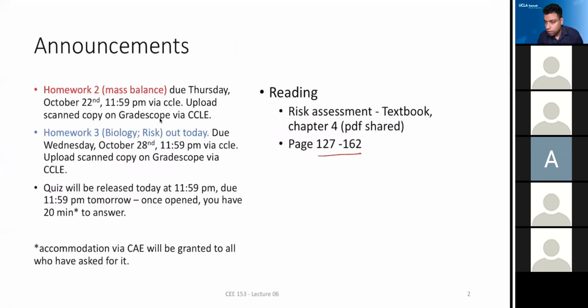There is a question: under week 3, did you upload homework 2 again, about mass balance? Shouldn't it be homework 3 that's getting uploaded and not last week's homework? It's not last week's homework.